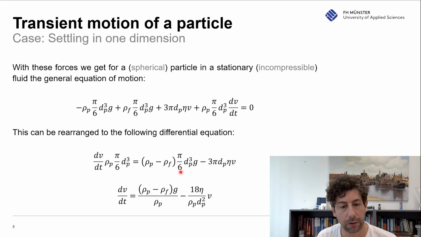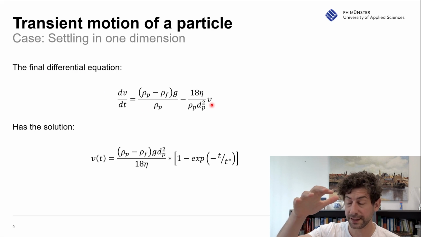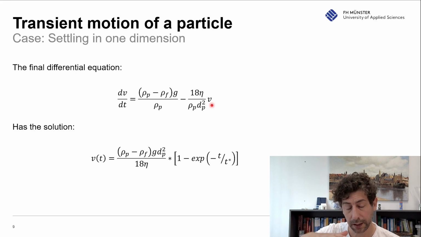Now the pi goes away, the particle diameter goes away, the 6 goes away, from the 3 we get an 18, the density goes here, the velocity stays, the viscosity stays, and this goes down here to the power 2. And this is the important equation, right? So this is the final differential equation describing the settling of a particle considering acceleration.